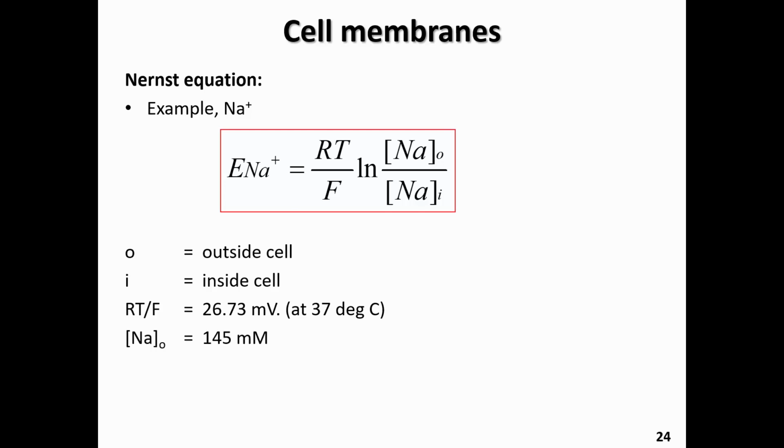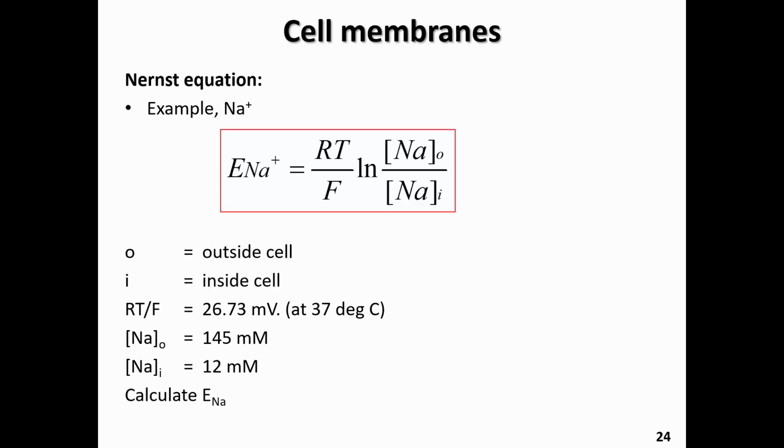So for example, if we take the exterior concentration of 145, the interior concentration at 12 millimole, and put that into the equation, the ratio is first determined, and then we calculate the natural logarithm of the exterior to interior ratio for the sodium ion of a cell in a resting state.